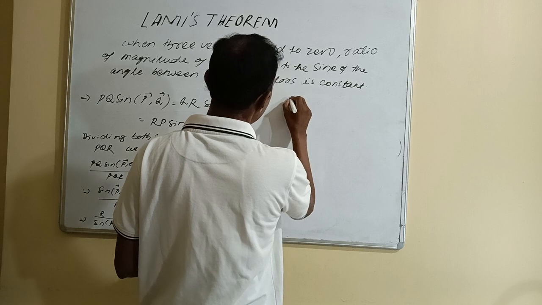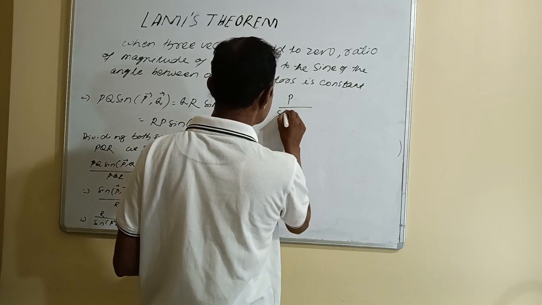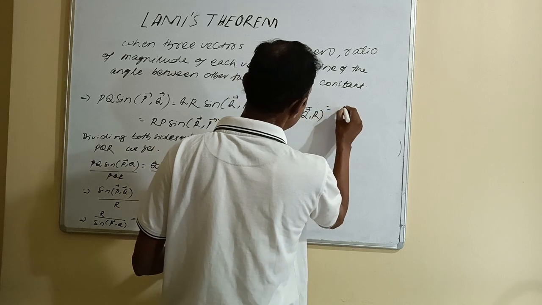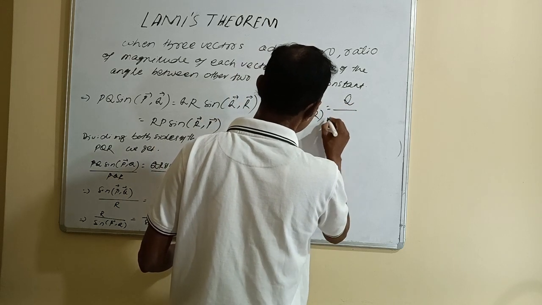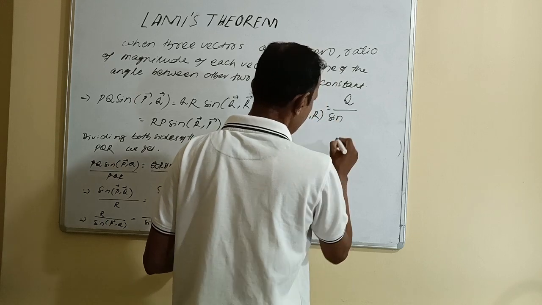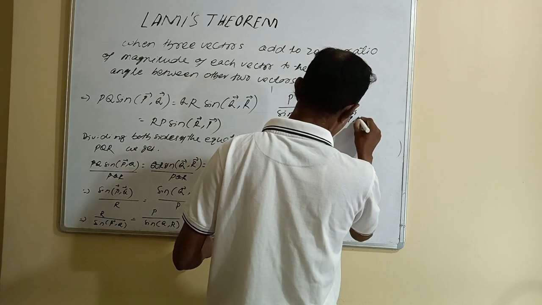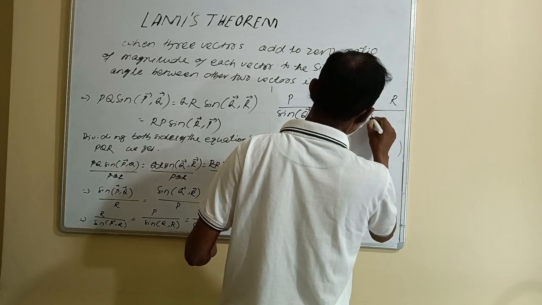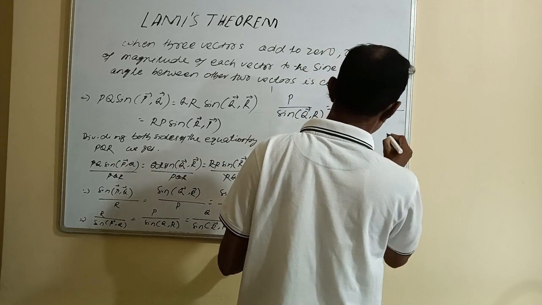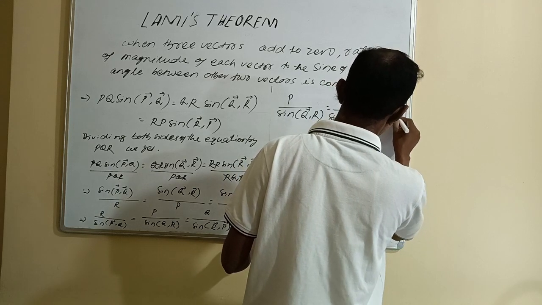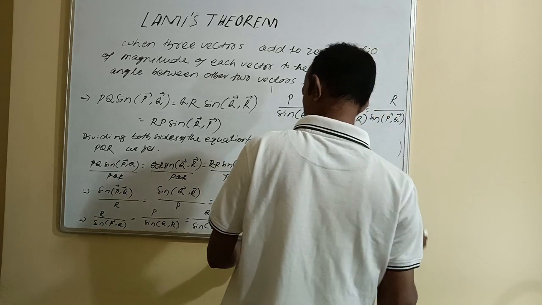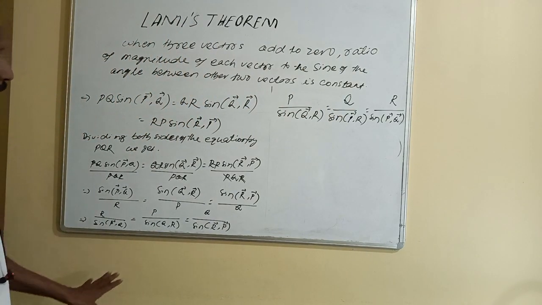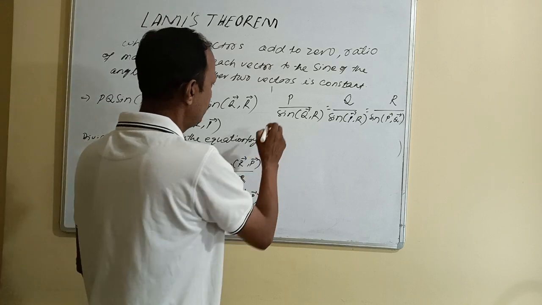So P upon sine of the angle between the vector Q and R is equal to Q upon sine of the angle between vector P and R is equal to R upon sine of the angle between vector P and vector Q. Same thing I have written here.